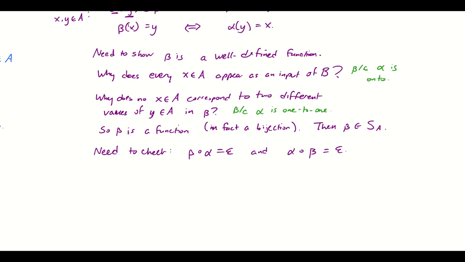Again, we're going to do it by showing that these two functions right here do the same thing to each element of A. So let x belong to A. Then what is beta compose alpha of x? Well, that's beta of alpha of x. And then I don't know exactly what alpha of x is, but I could call it something. I could call it y.